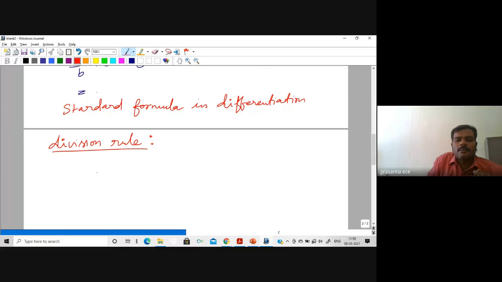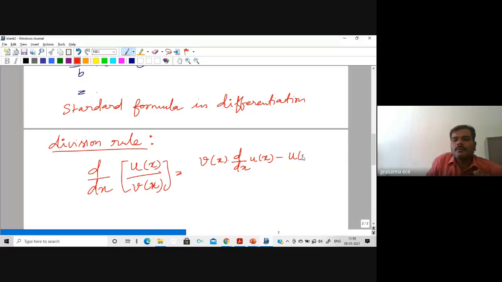If you are taking the derivative d by dx of the ratio of two functions, that is u of x divided by v of x, that will be equal to v of x into d by dx of u of x minus u of x into d by dx of v of x, whole divided by v of x the whole square.